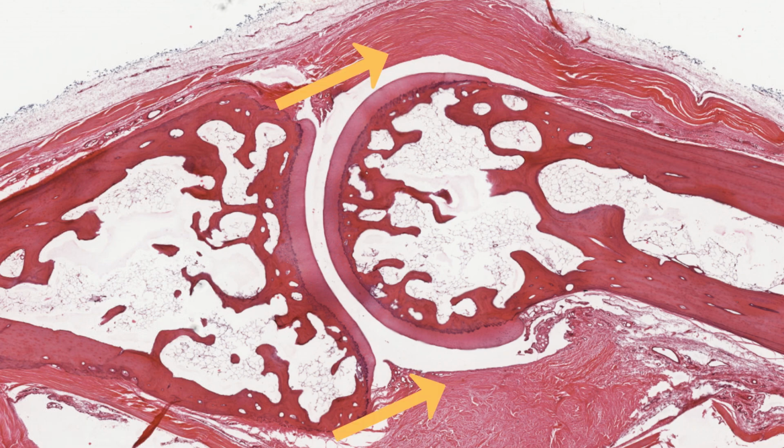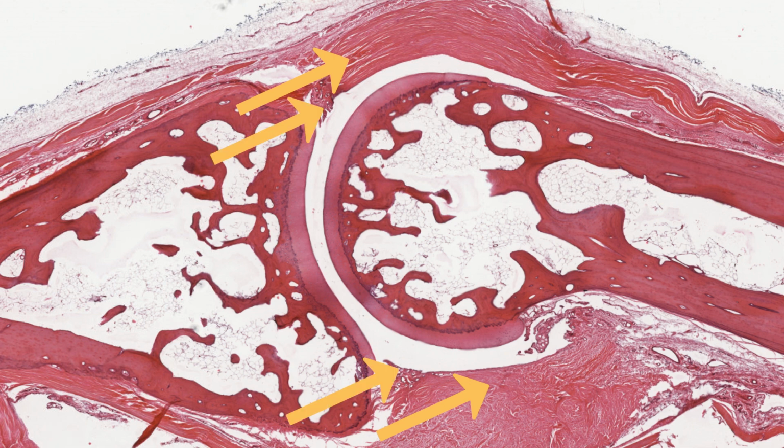I won't show any image at a high magnification because the components of the articular capsule aren't well preserved, but it consists of this outer fibrous layer and this inner layer, which is the synovial membrane, specialized in places to secrete synovial fluid. Here, the epithelium is cuboidal to low columnar and is supplied by a rich plexus of very small blood vessels.